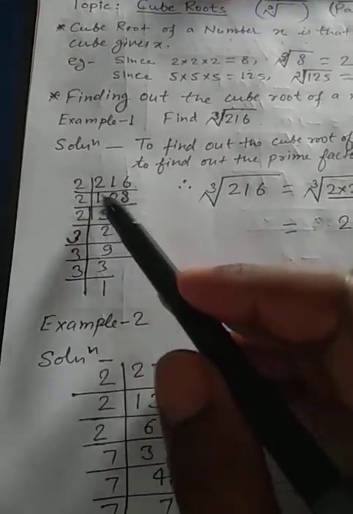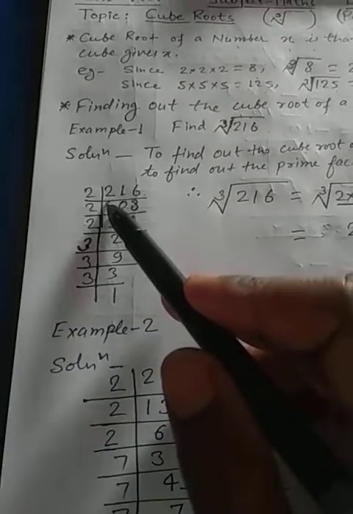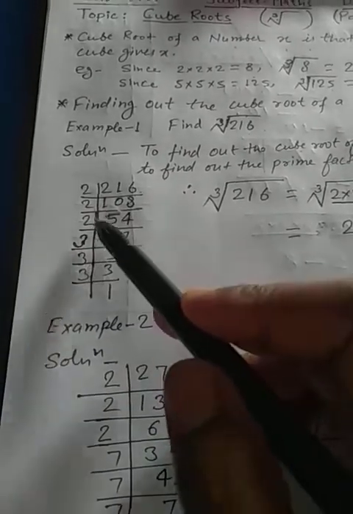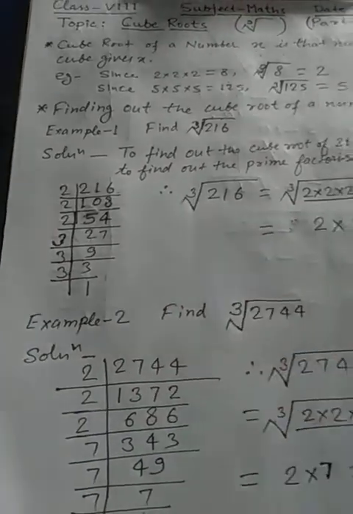It will be 2, 2, 2, 3, 3, 3. If you look, there are three 2's and three 3's.